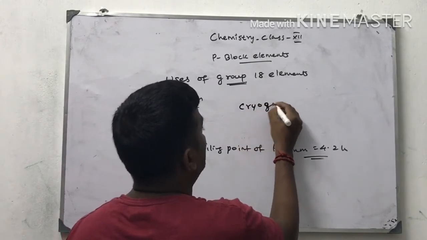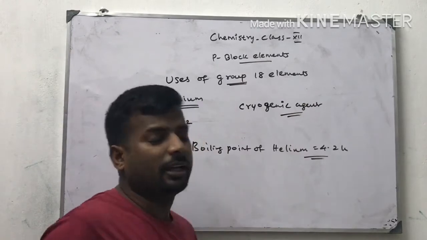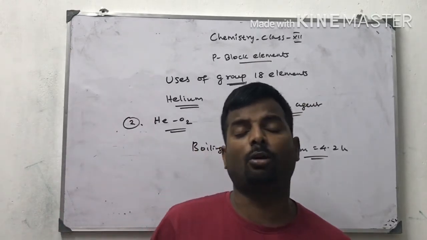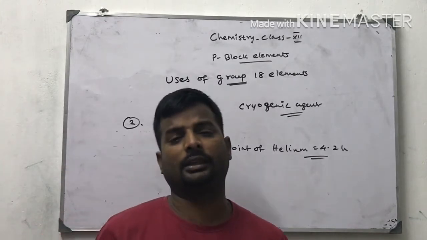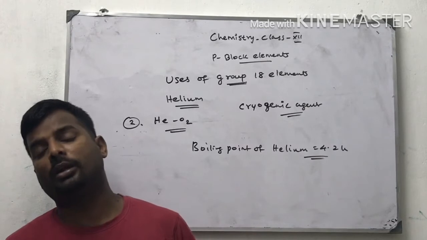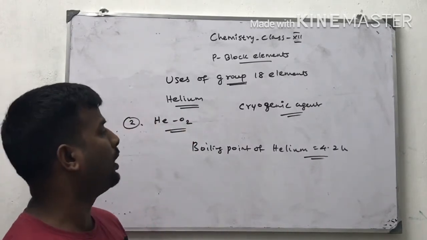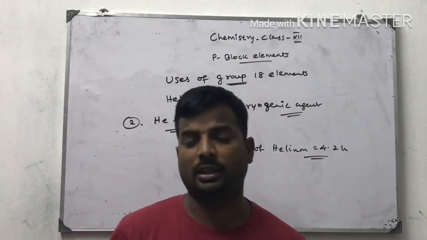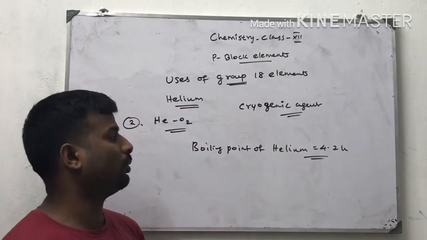A cryogenic agent means a coolant, used in various experiments carried out at low temperature. It is a coolant for many chemical reactions. For example, a nuclear reactor needs a coolant, moderator, etc. Like that, many chemical reactions need a coolant. Helium is used as a coolant because its boiling point is very low, 4.2 Kelvin.